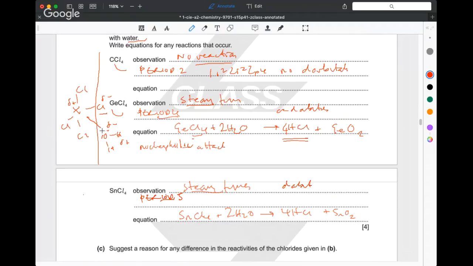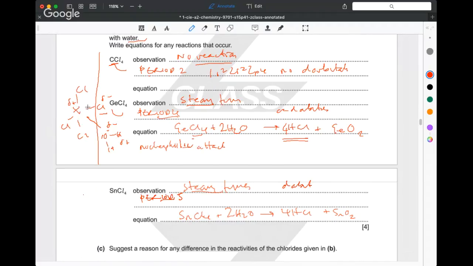And as that lone pair of electrons reacts with that central atom there, if it was carbon in the middle, there's no d orbitals to accept the lone pair of electrons. But for germanium and for tin, there are d orbitals to accept the lone pair of electrons, and so the water molecule can get into the center there, and the lone pair of electrons can be accepted by the available d orbitals, and a reaction can happen.